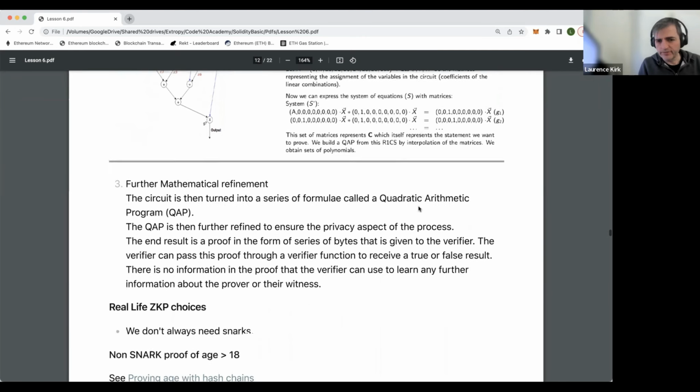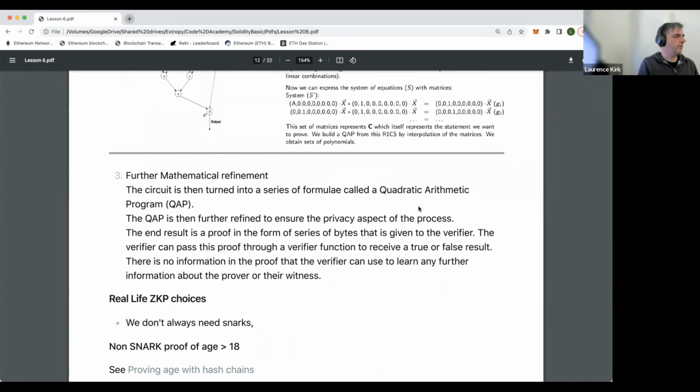And then we do further refinement, and we take these constraints that we've got from our circuit, and we build sets of polynomials out of these, and we manipulate these in various ways. And the end result of these is that we can check that these constraints are all true.